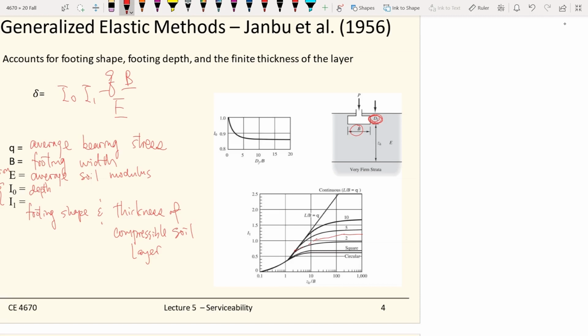Then you will pick the point over there at the given x-axis value that you know. With that, you can come out with the factor I1.